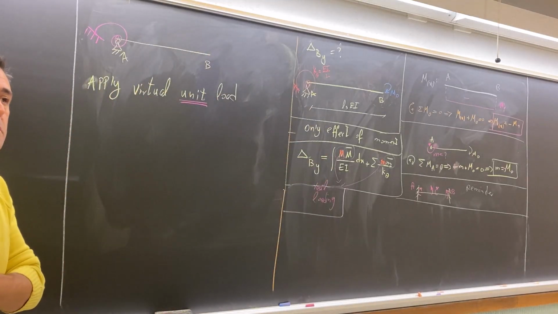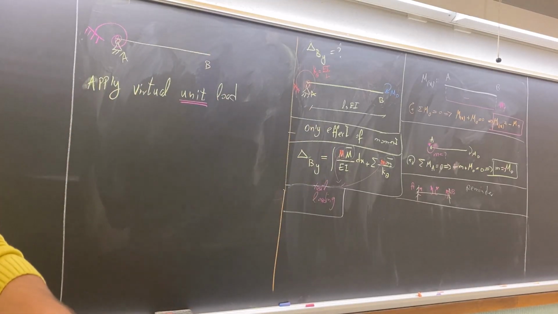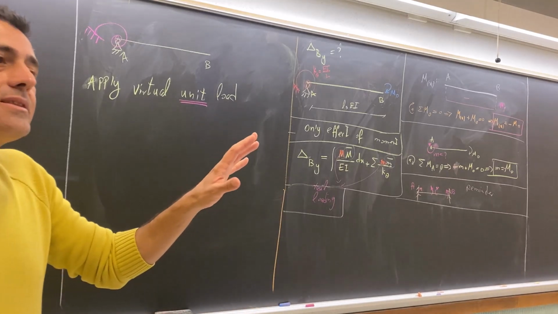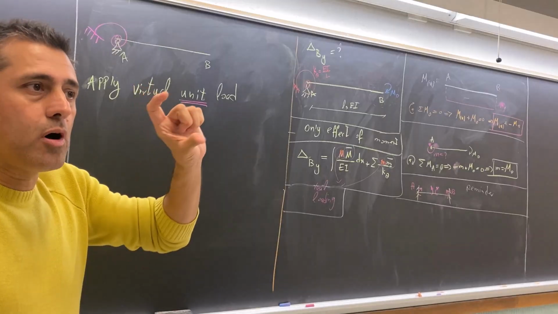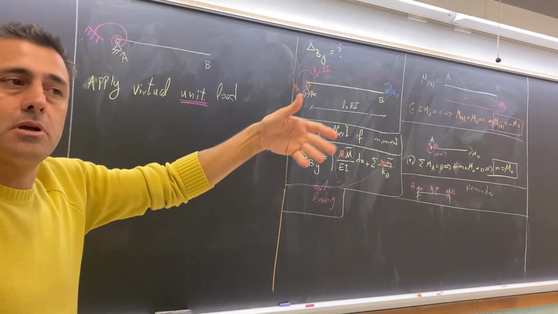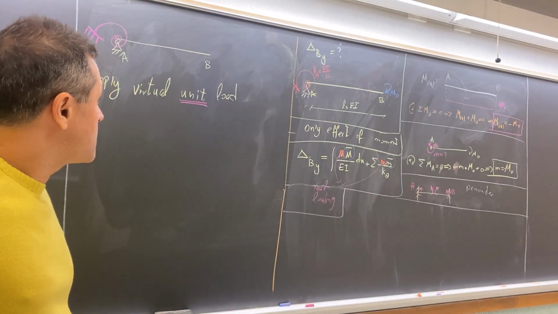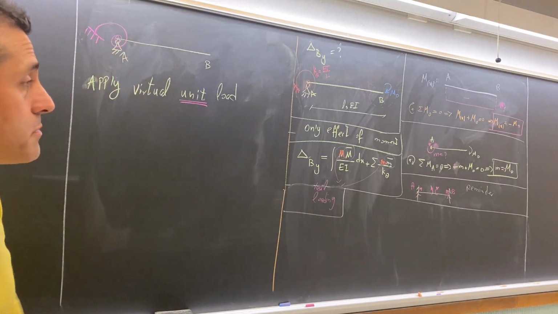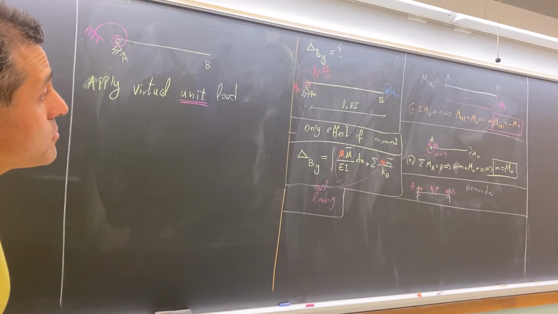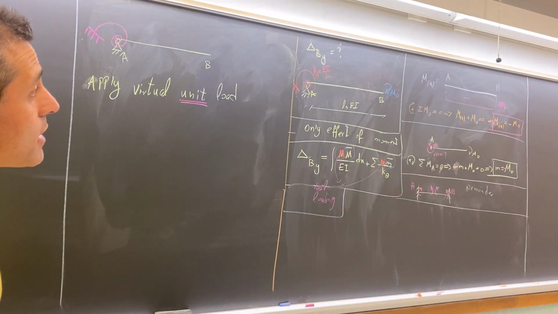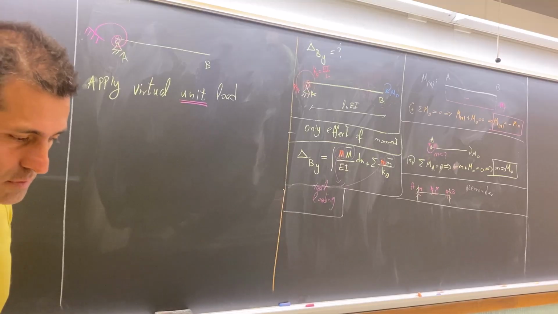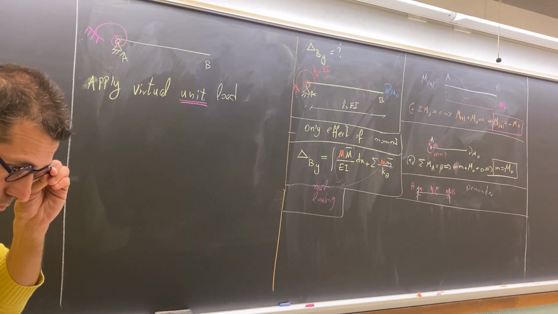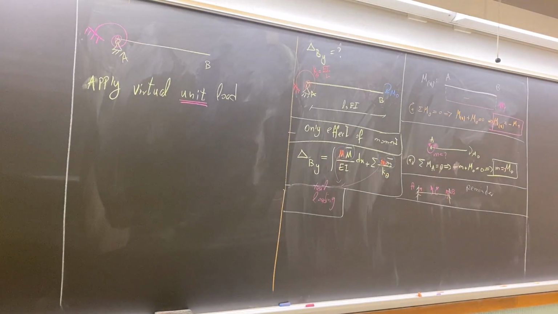For example, 1 Newton, or 1 kilonewton, or 1 kip, or 1 pound. The unit load is 1, but it could be pound, etc. It doesn't matter. So I apply this 1 force, 1 Newton, for example, corresponding to the direction that we are actually looking for. So how shall I apply? So I will put, what is the target of this question?